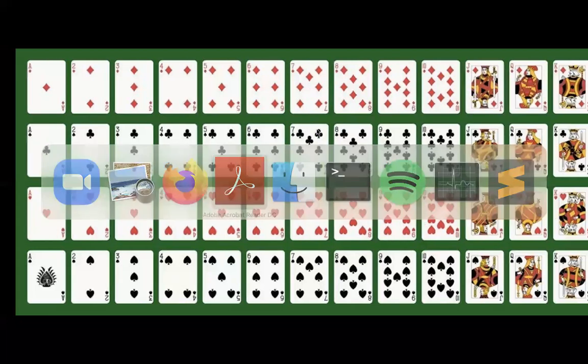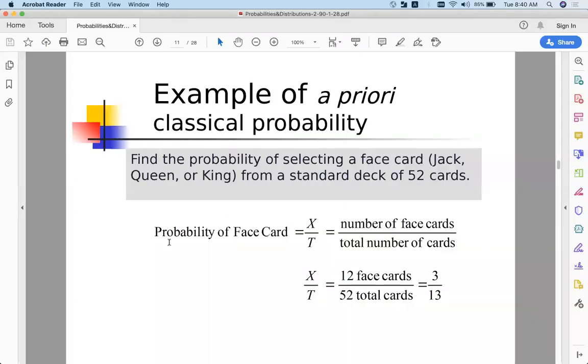Let me go back here. The question is, find the probability of selecting a face card from a standard deck of 52 cards. Everyone knows this answer, but it's a good idea to start from the denominator. The denominator says there are 52 total cards, and then one card is drawn.